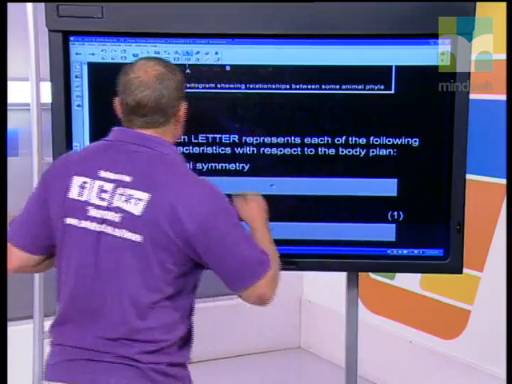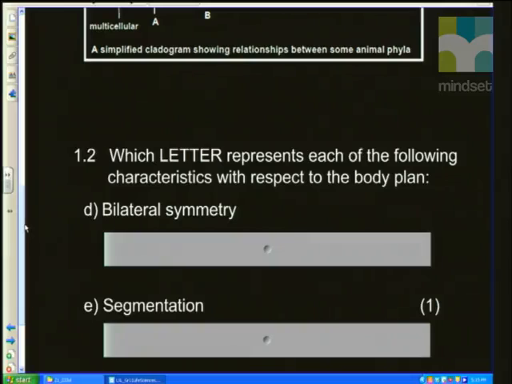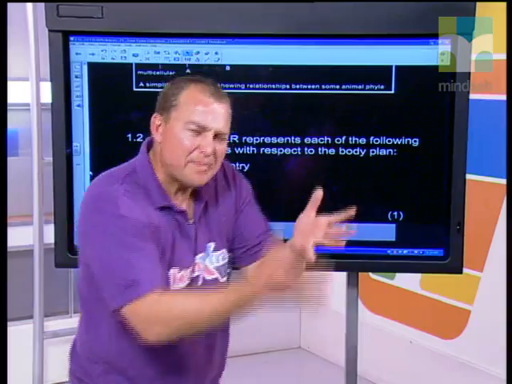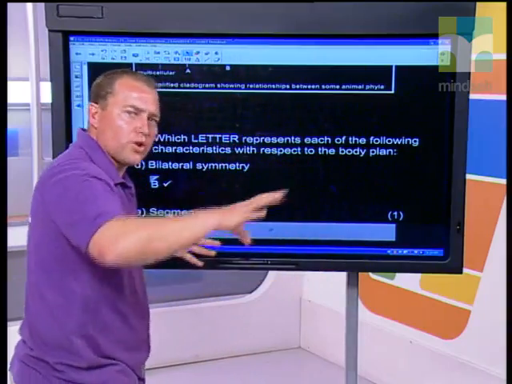So anything that can be cut right down the middle means it's bilaterally symmetrical, which means B. So in other words, because your Porifera is asymmetrical, your Cnidaria is radial symmetry, and from there onwards is bilateral symmetry. So Platyhelminthes, annelids, arthropods, all of those guys.